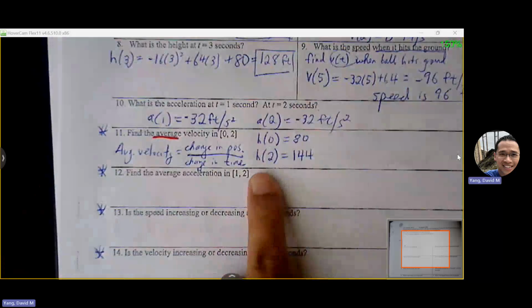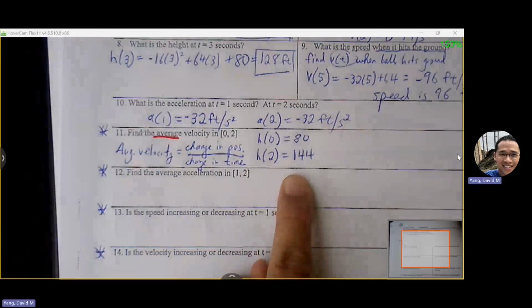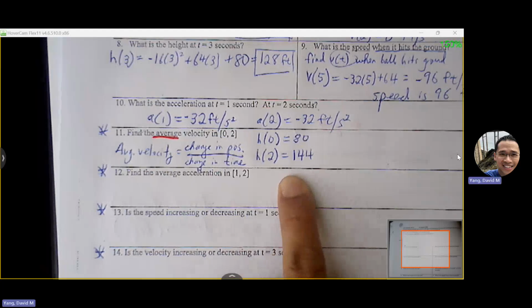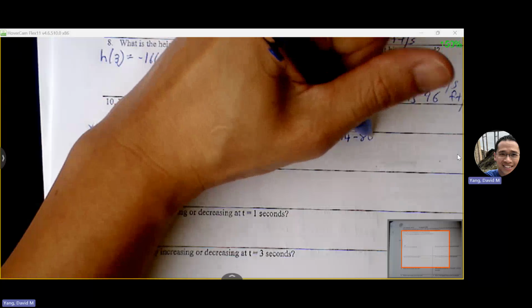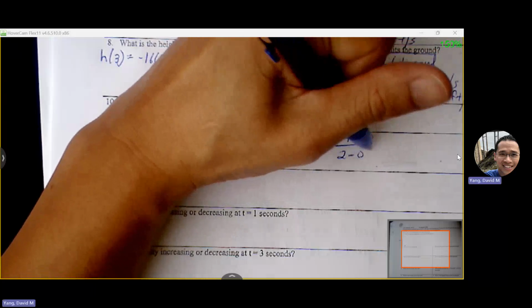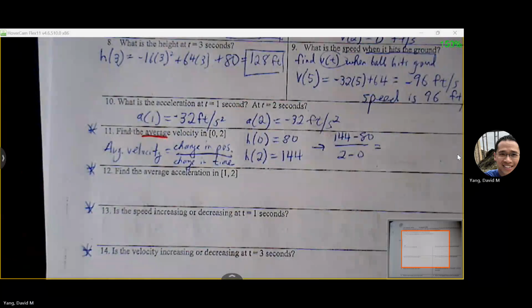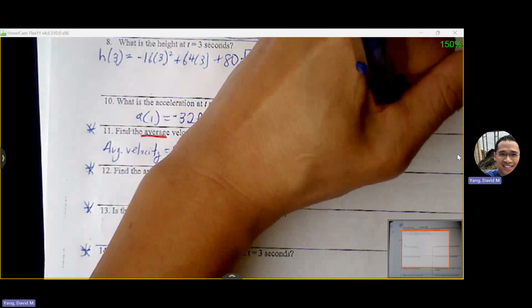We just want to find out over the 2-second interval, what is the average velocity? So average velocity is just 144 minus 80 divided by 2 minus 0. And that just becomes 32 feet per second.